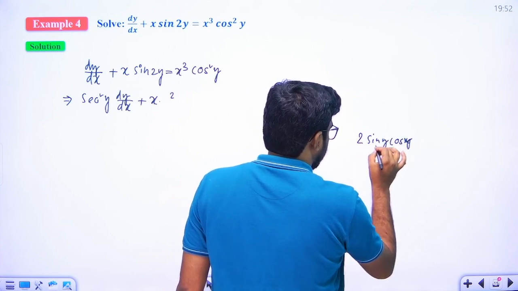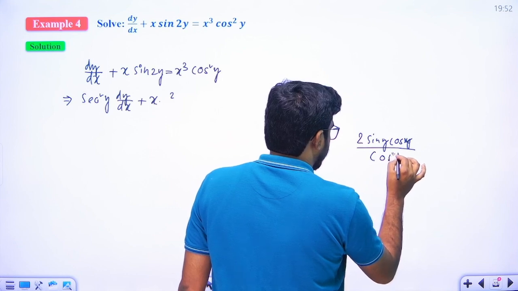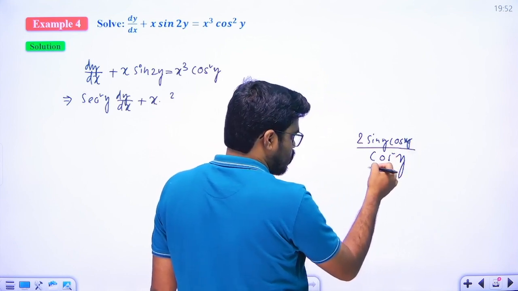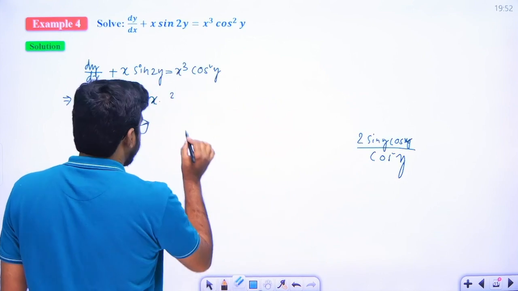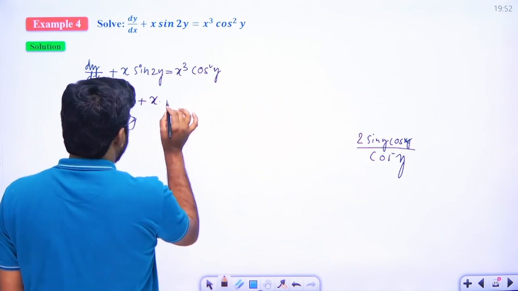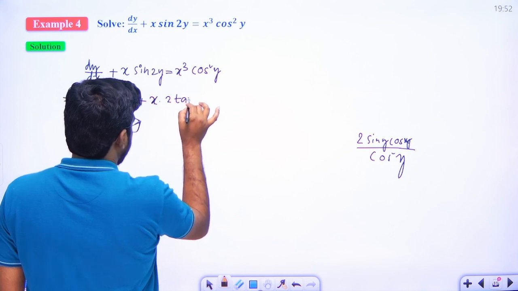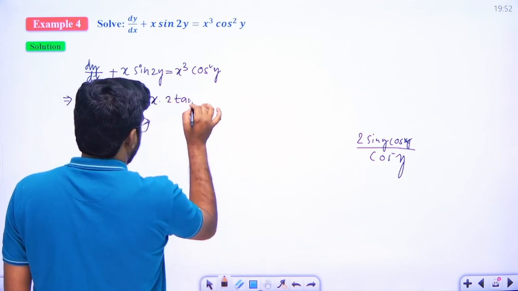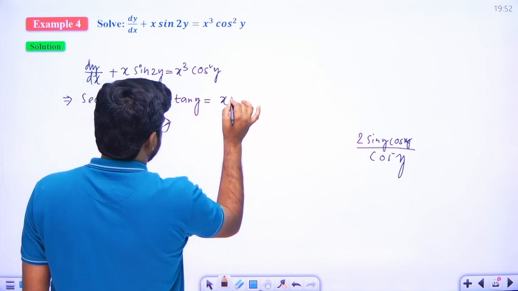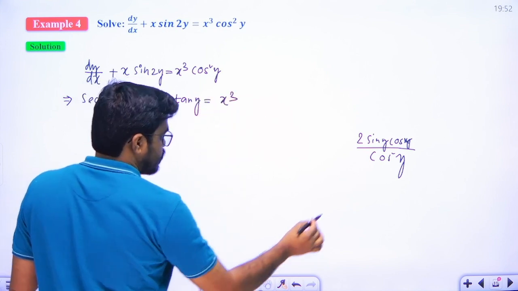Dividing by cos square y, ultimately what we get is 2 tan y, so we get 2x tan y, right? So this equals x cube, right?